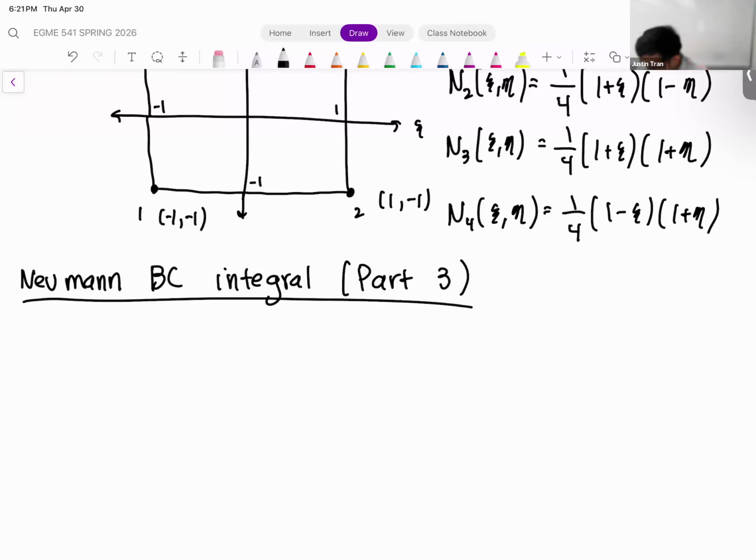The integral we are evaluating is actually quite simple. We have a closed integral here, so this is a line integral. Specifically, this is a line integral only on the locations where the Neumann boundary condition is present.